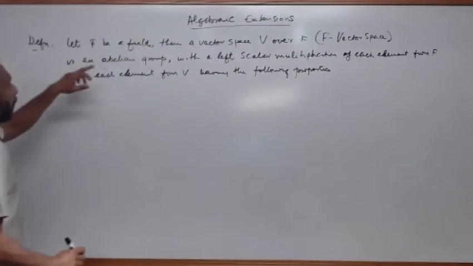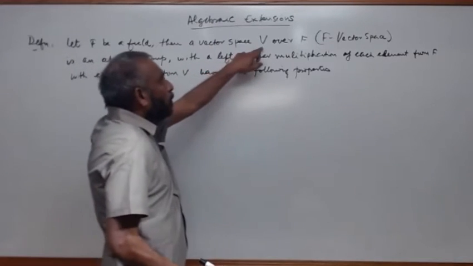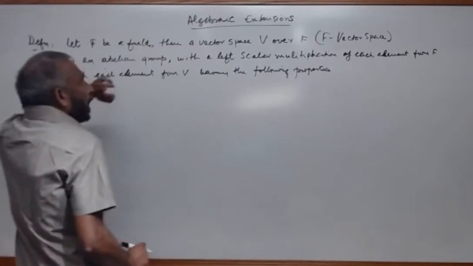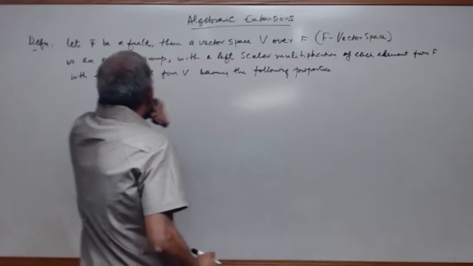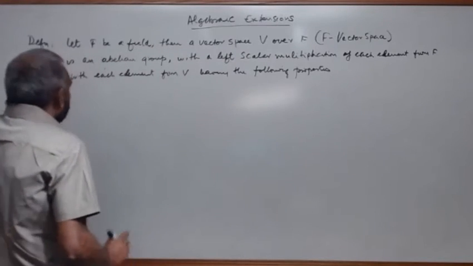So V is a non-empty abelian group, and F is a field.